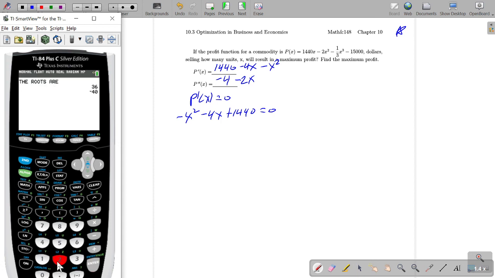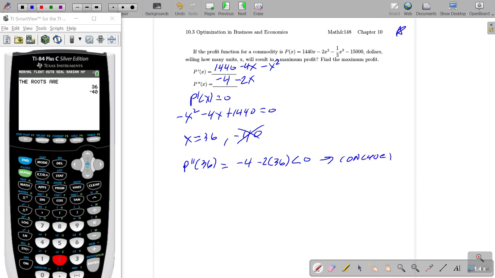Option 2, roots. So x equals 36 or negative 40. Of course, the negative 40 is not in the domain, so throw it out. So p double prime of 36 equals negative 4 minus 2 times 36, which is less than 0, which gives me concave down, which implies a relative max.